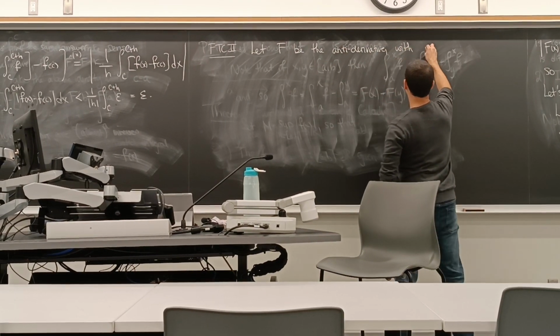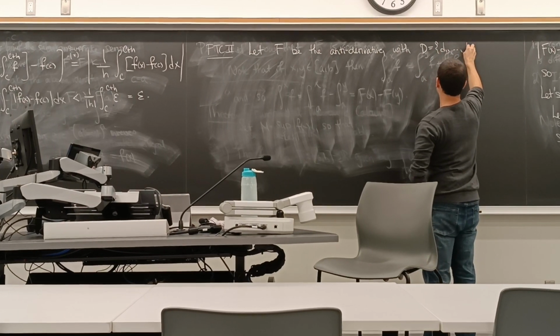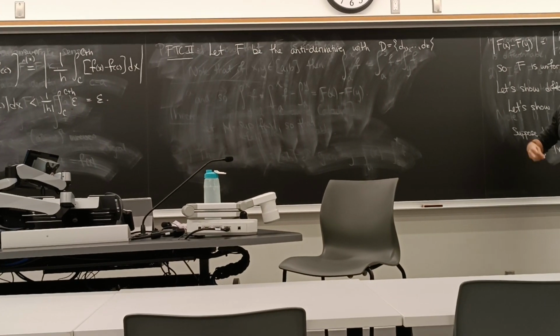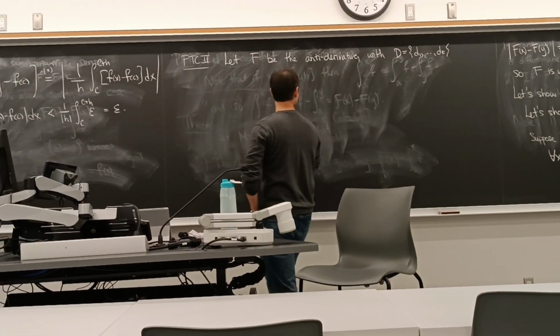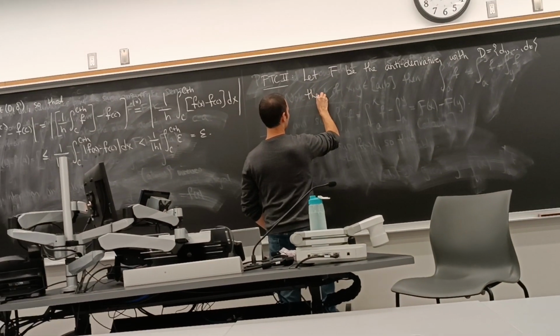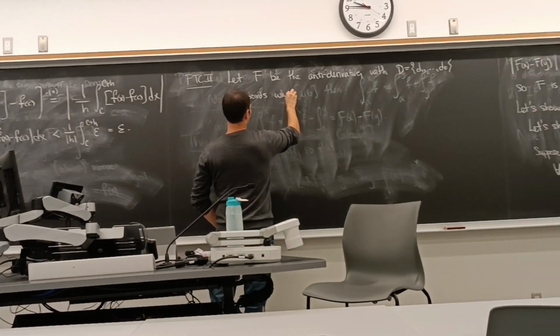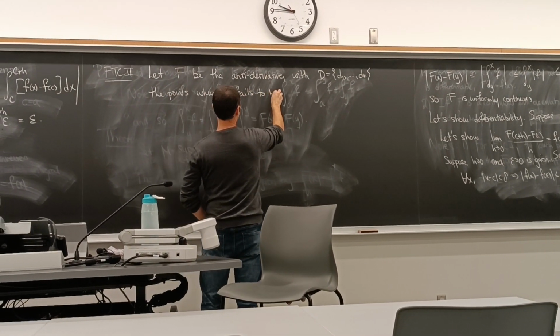I'm going to let these d be the points where f fails to be differentiable, and I know there's finitely many of them, right? By hypothesis, there's only finitely many of them. The points where f fails to be differentiable.